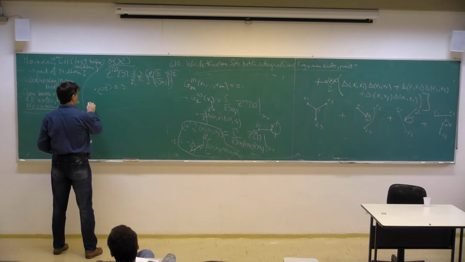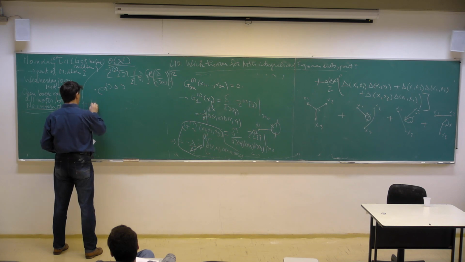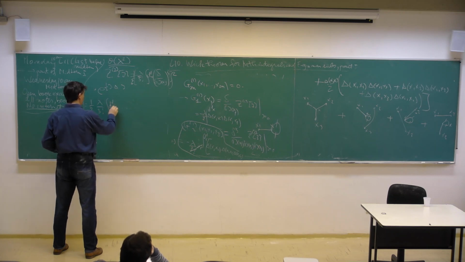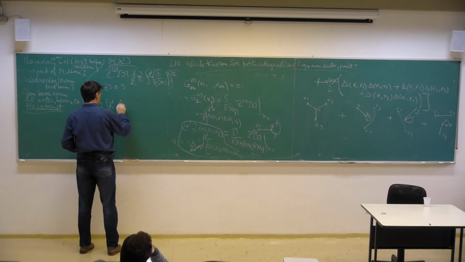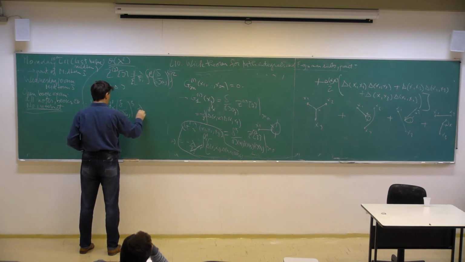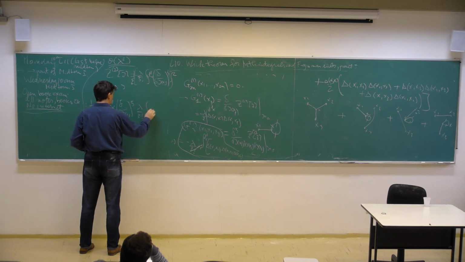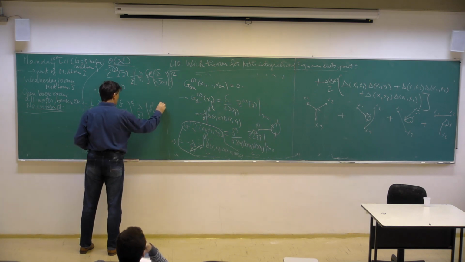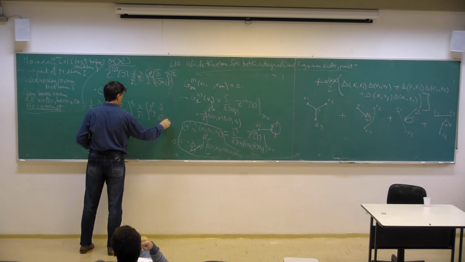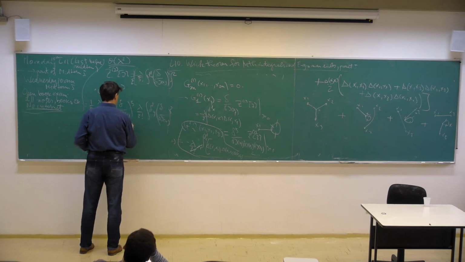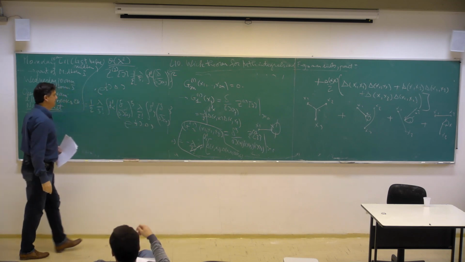More precisely, let's call it x and y. Minus squared gives nothing, so 1/2. And let's say lambda over 3 factorial, integral dx, d/dj x cubed, then lambda over 3 factorial, integral dy, d/dj y cubed, times this thing, right?